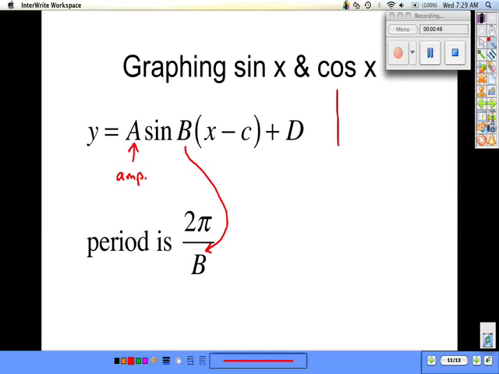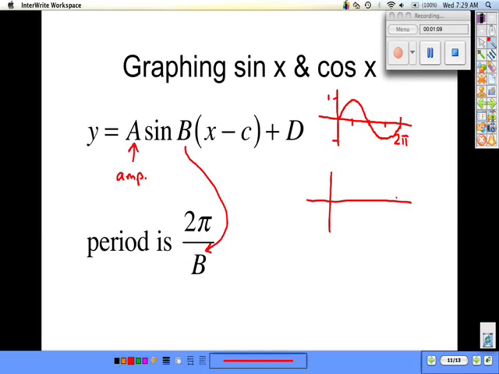The graph of sine x has a regular period of 2 pi and an amplitude of 1, and it looks like that.